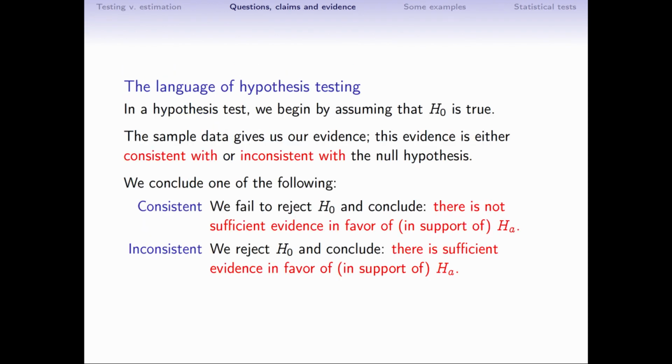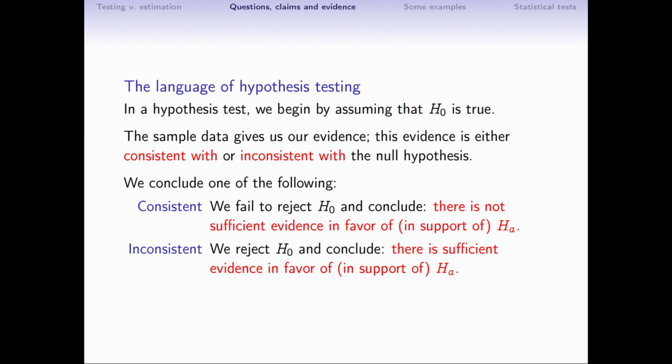Now let's study some of the very precise language that has developed around hypothesis testing. In a hypothesis test, we begin by assuming that the null hypothesis, or H naught, is true. The sample data gives us our evidence. This evidence is either consistent with or inconsistent with the null hypothesis. We conclude one of the following.